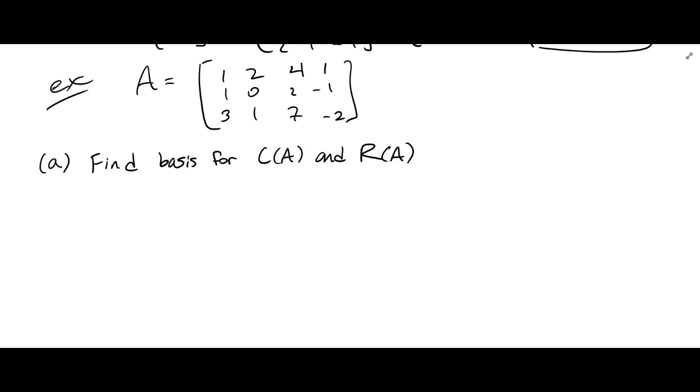Okay, so we just need to figure out which of the columns are linearly independent, because the basis for the column space is the linearly independent columns. So we'll do row reduction. We'll reduce A. We can reduce this to a 0. So we'll do row 2 minus row 1. We can reduce that to a 0. We can do row 3 minus 3 row 1.